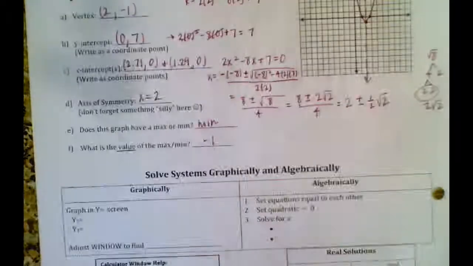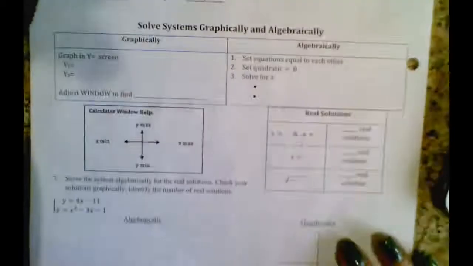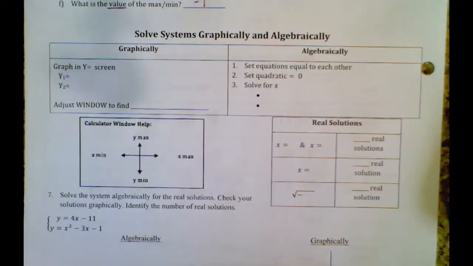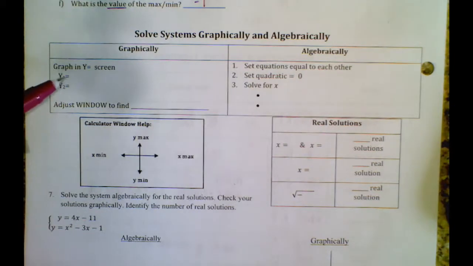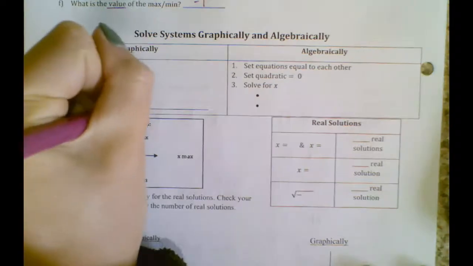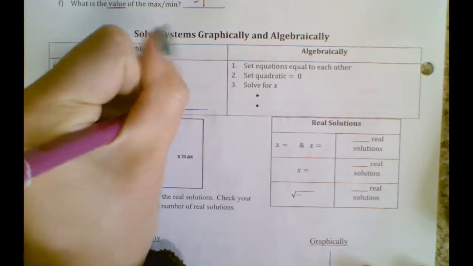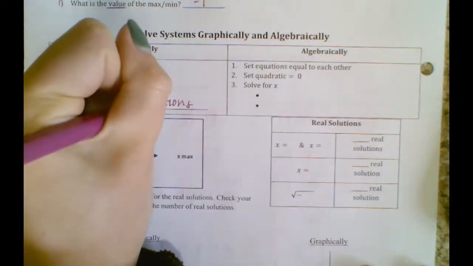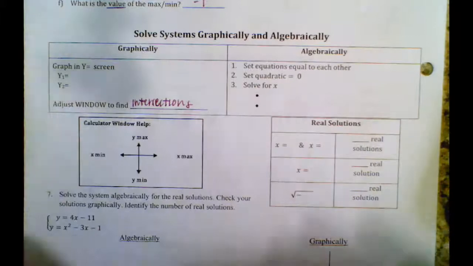But I am going to require all this work, okay? All right, lastly, solving systems graphically and algebraically. Graphically, remember, you're just going to go into your y= screen and graph the two equations as y1 and y2, and then adjust your window to find the intersections. Maybe there's only one intersection, but you want to find the intersections.